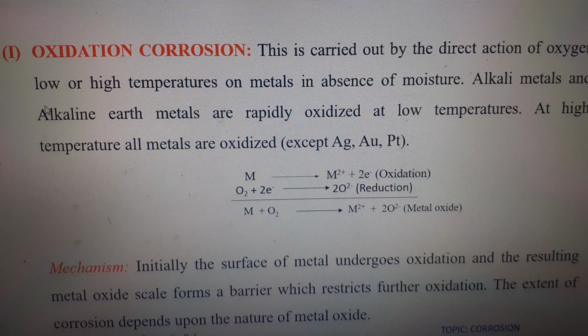I think you all know what is oxidation. Oxidation is nothing but a process of release of electrons from the metal. Now this is carried out by the direct action of oxygen at very low or high temperature and in the absence of moisture. That is why it is also known as dry corrosion.